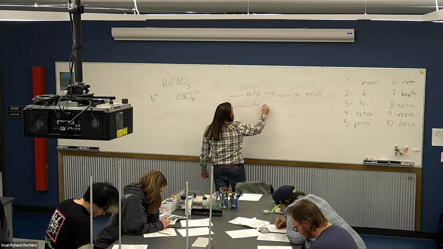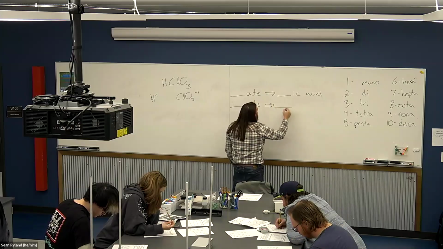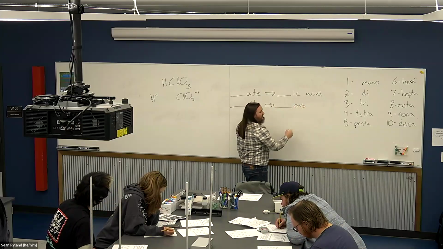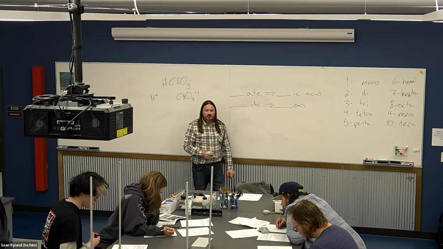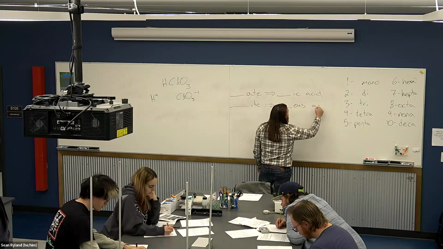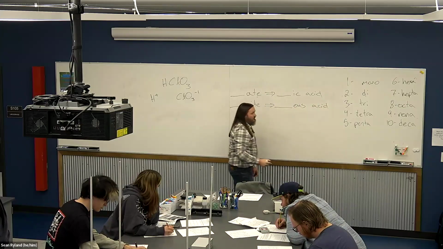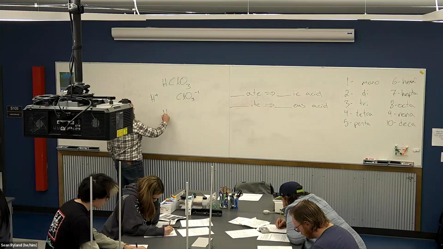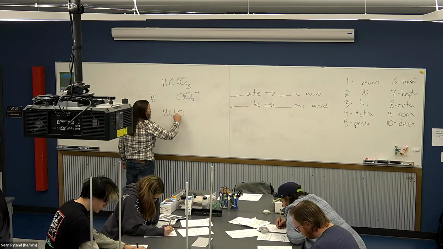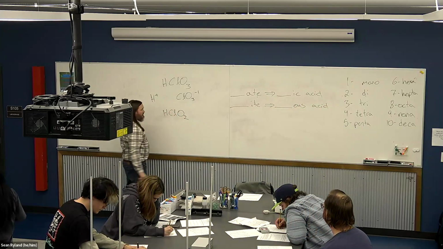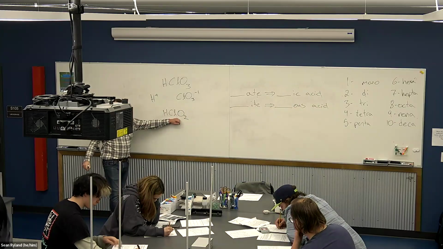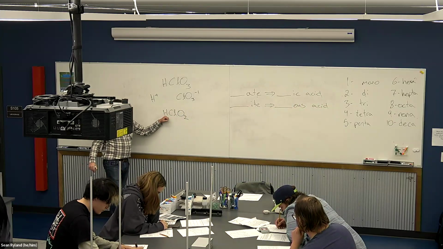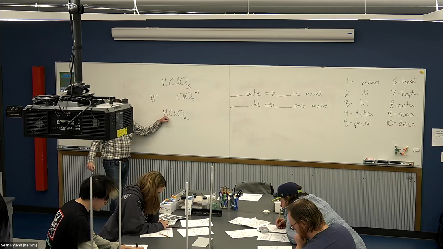Ite, you do the same thing: you drop the ite and add ous. So HClO2, that's chlorite. When you add the hydrogen in front of it, you drop the ite and it becomes chlorous acid.